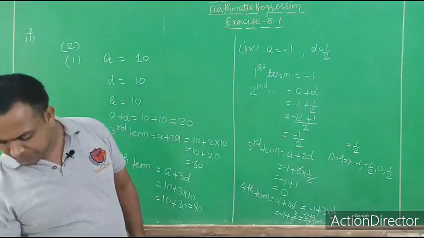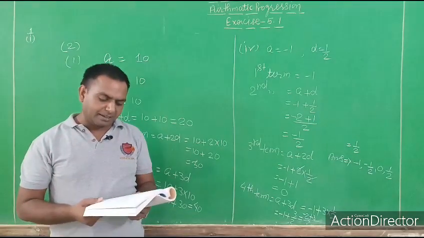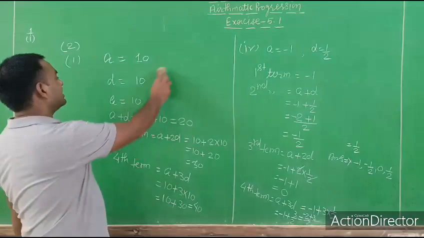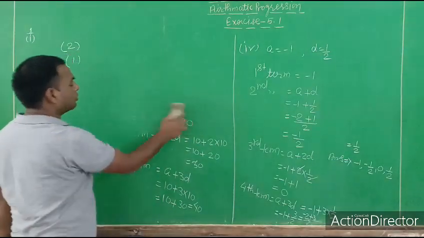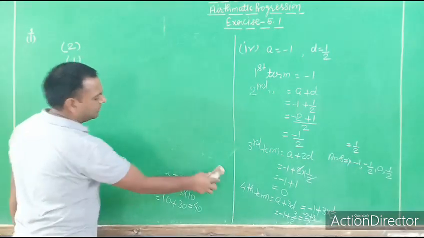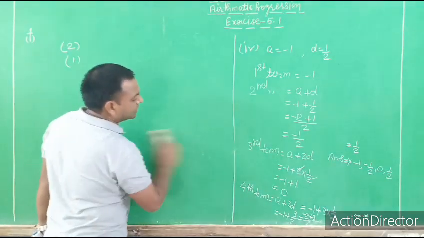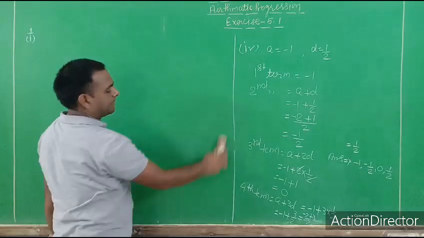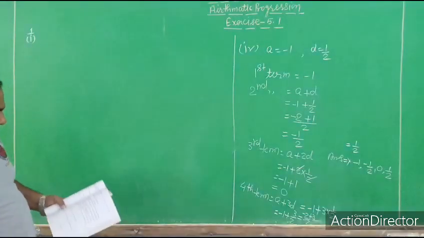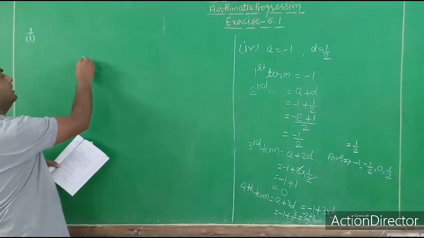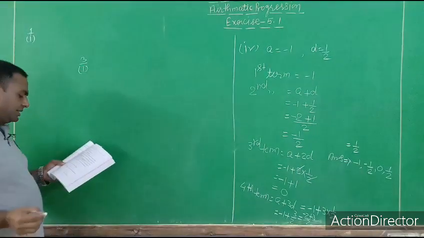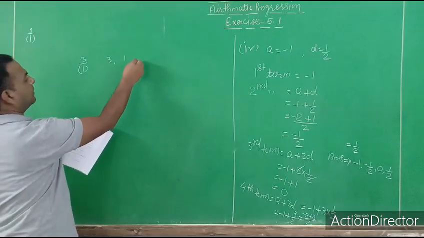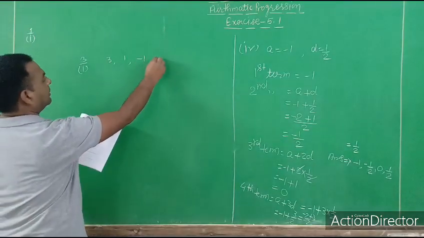Question number 3. For the following APs, write the first term and the common difference. If you are talking about the first term and common difference, first term means A and common difference means D. So here the question is given, question number 3 first: 3, 1, -1 and -3.